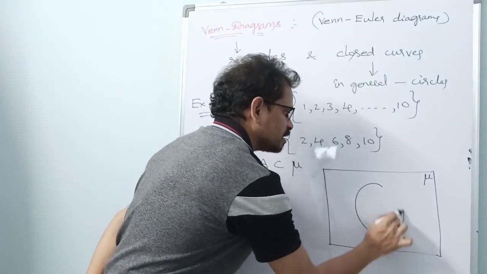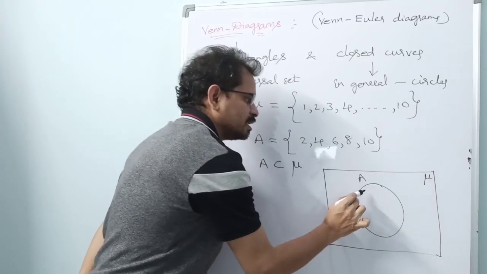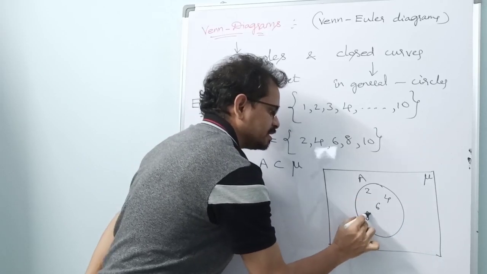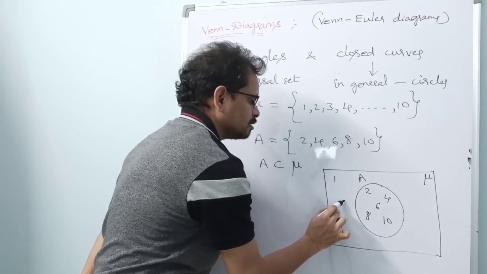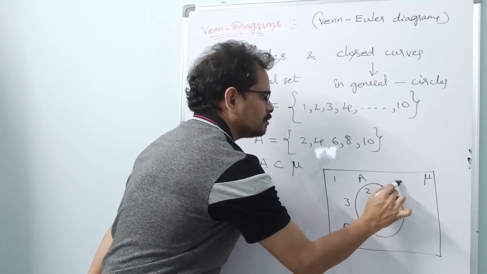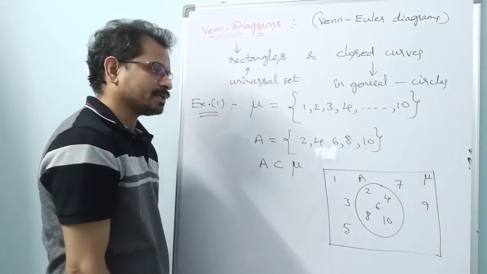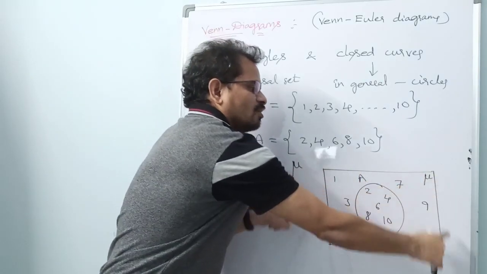So take a circle, its name is A. What are the elements here? 2, 4, 6, 8 and 10. Remaining elements 1, 3, 5, 7, 9. So, got it, clear? This is set A, a subset of this universal set.